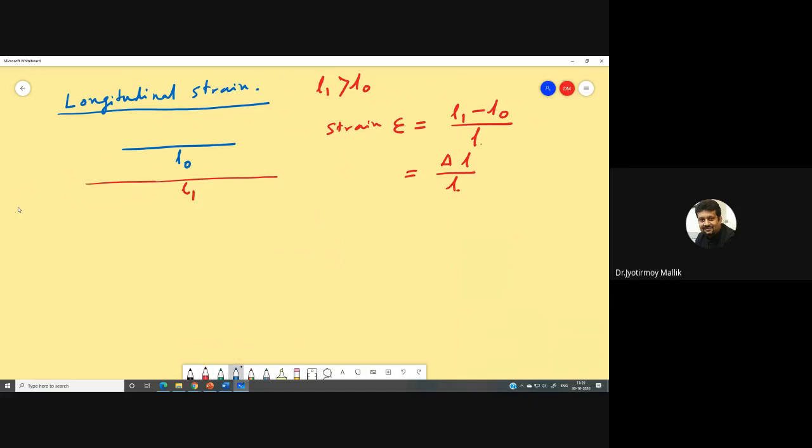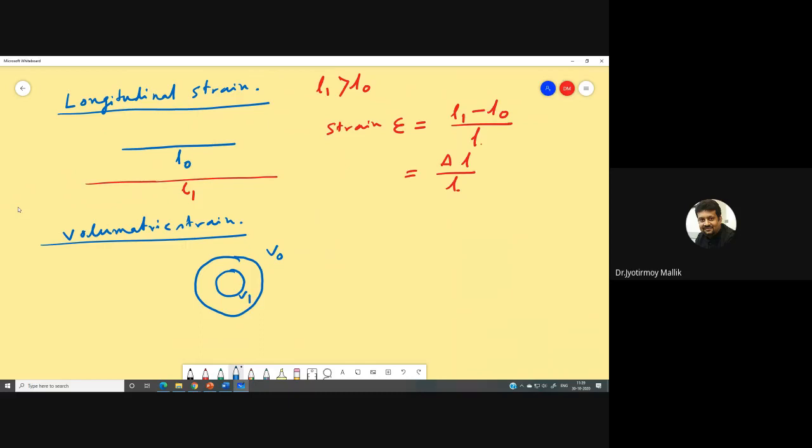Similarly, we can define volumetric strain, or we also call it bulk strain. Suppose I had a sphere which had an initial volume of V0, and after applying some pressure, V0 becomes V1.